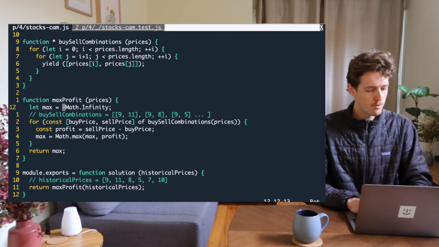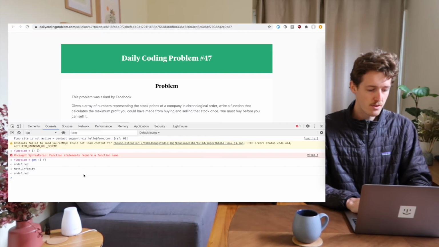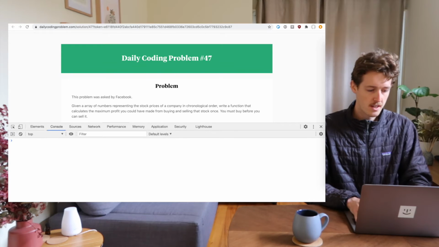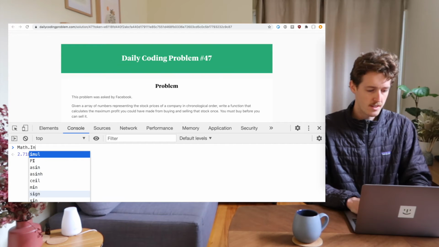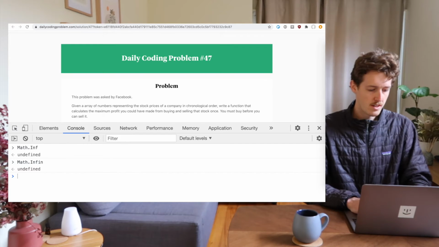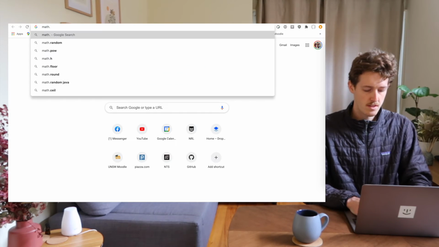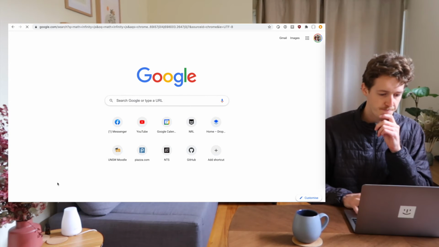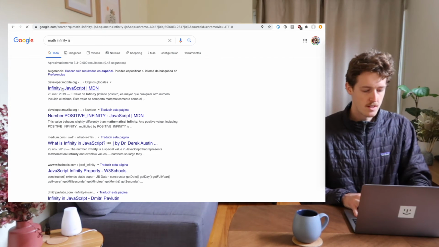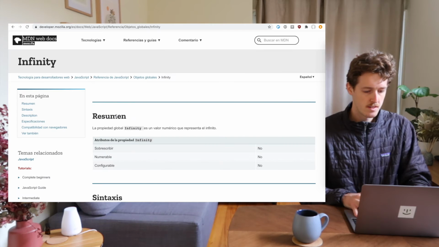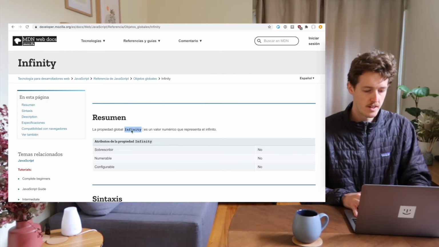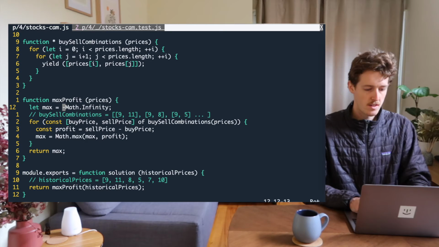And just before we kick it off, I'm going to see if Math.Infinity is a thing. Infinity, sweet.